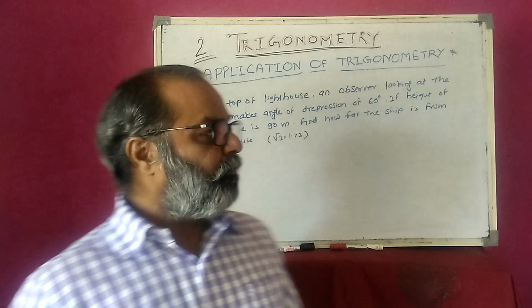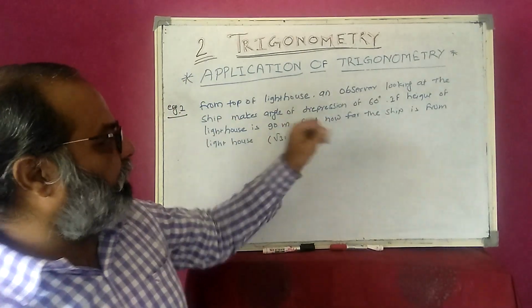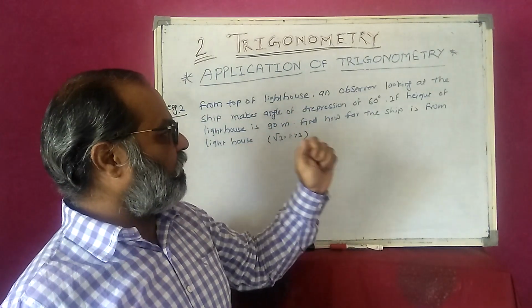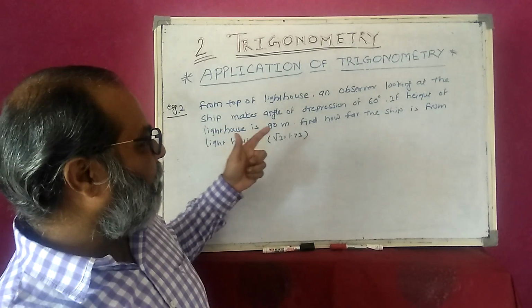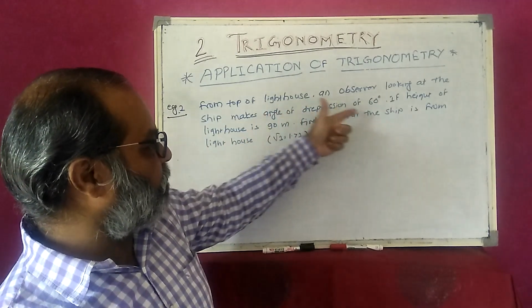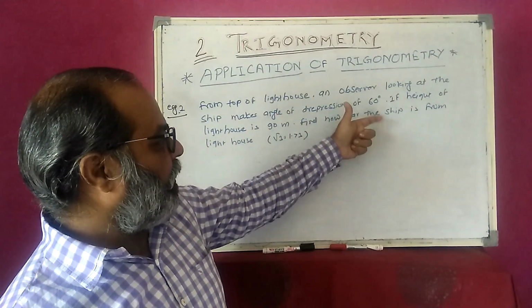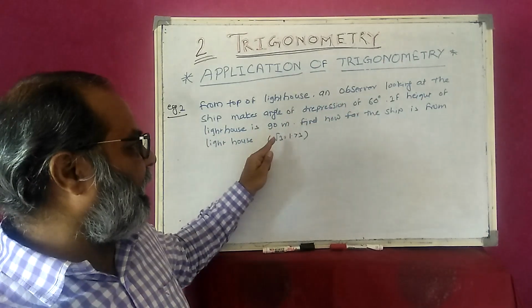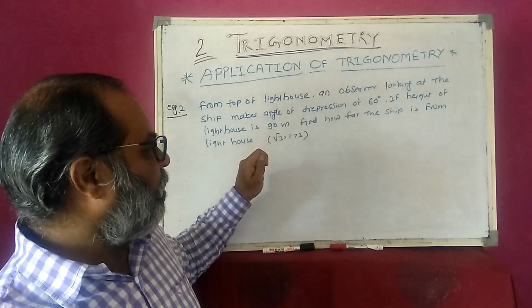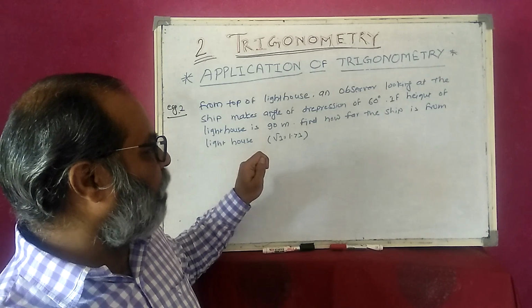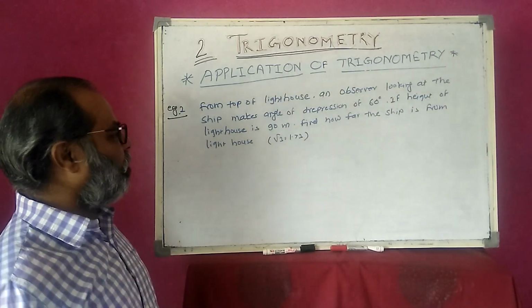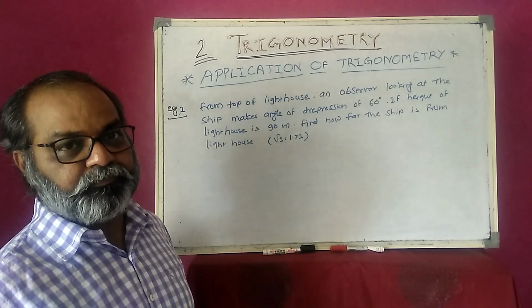One more example. From the top of a lighthouse, an observer looking at a ship makes an angle of depression of 60 degrees. If the height of the lighthouse is 90 meters, find how far the ship is from the lighthouse.